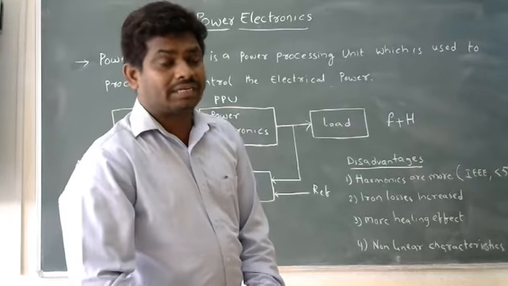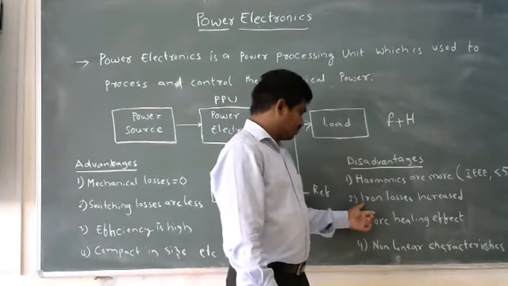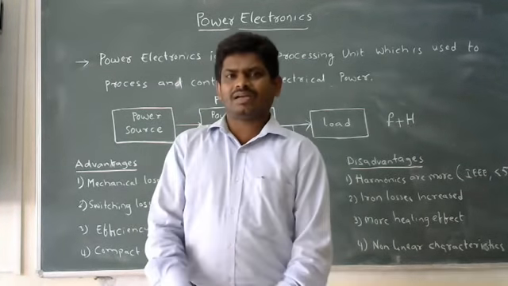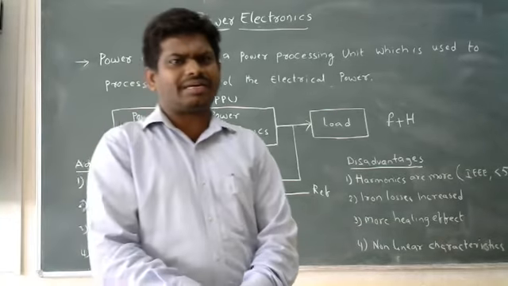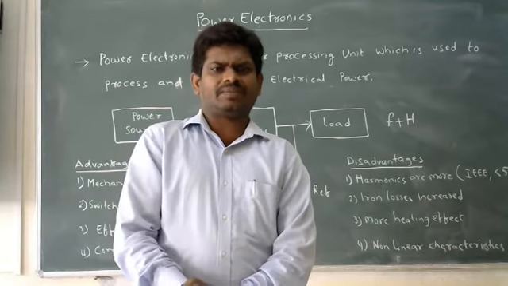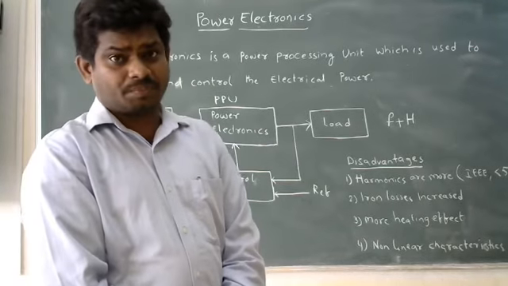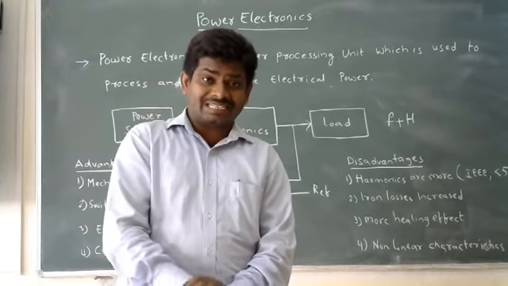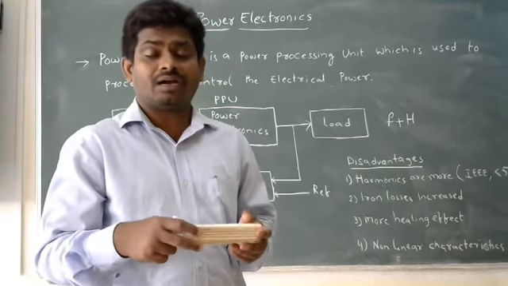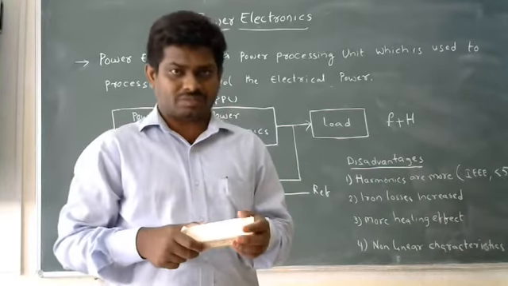Otherwise, malabsorption takes place, and iron losses are increased because of the presence of harmonics. Harmonics are in terms of different, higher frequency values, and iron losses depend on the frequency of the signals also. So if the frequency in the system increases, iron losses also increase if any iron materials are used in the operation.